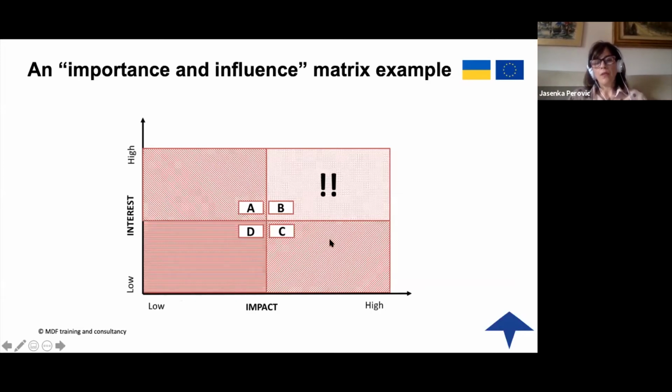And this group in the quadrant C, who have a high impact and low interest, those are the ones that you somehow have to find a way how you work with them, how you persuade them, so they go to this quadrant B, and they become your immediate partners in the project implementation.